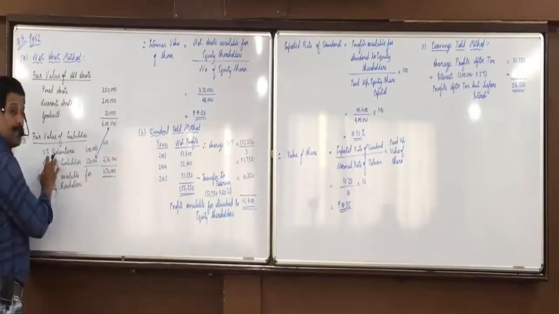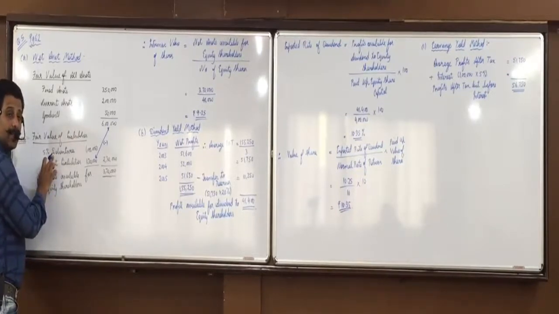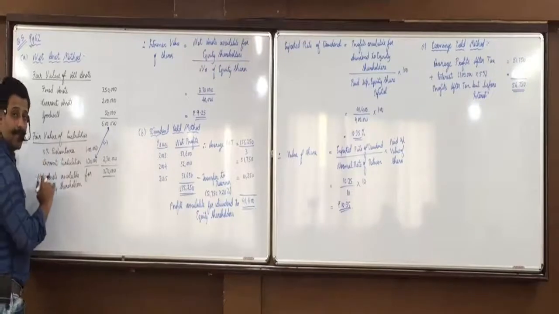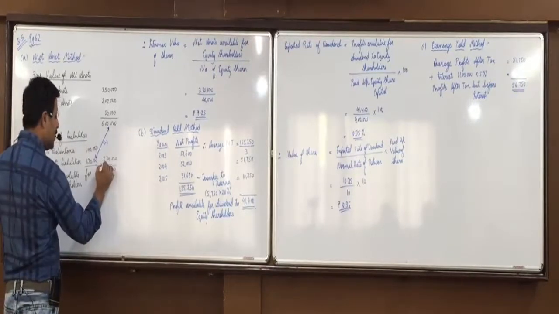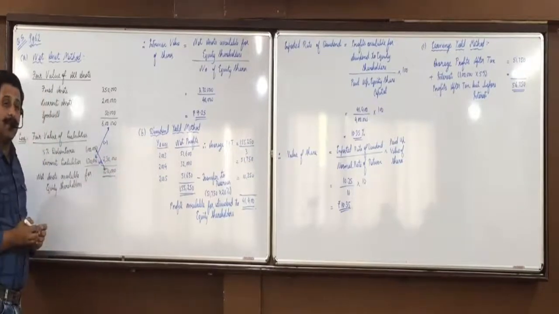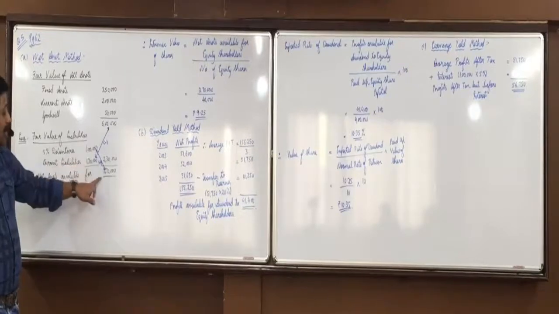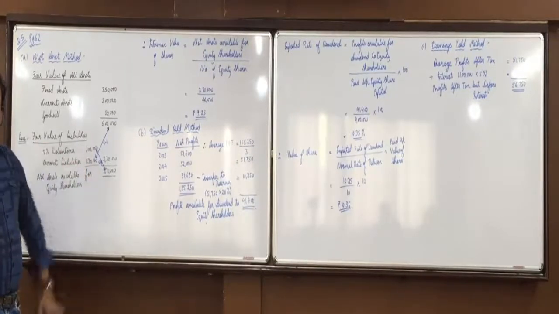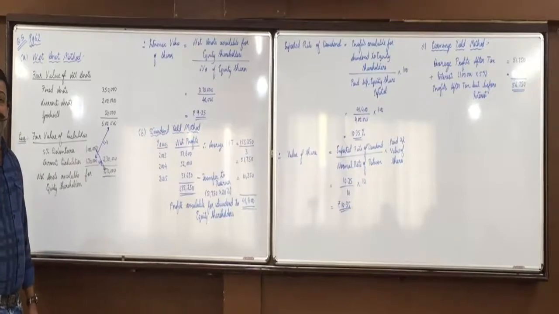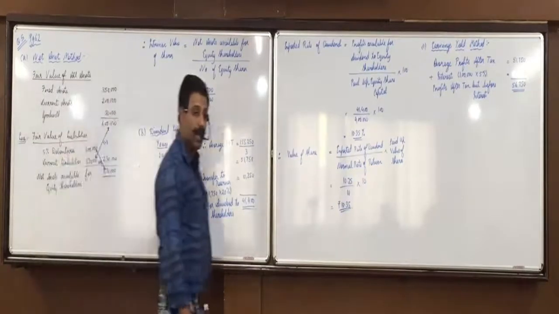So which did we not have to subtract? Debentures. You cancel it, you add it back. Means from 3,70,000, even if you add 1,70,000, you will get the same answer. Either you do 6 lakhs minus 130, 470, or you do 370 plus 1 lakh, both ways 4,70,000. Any confusion in this?